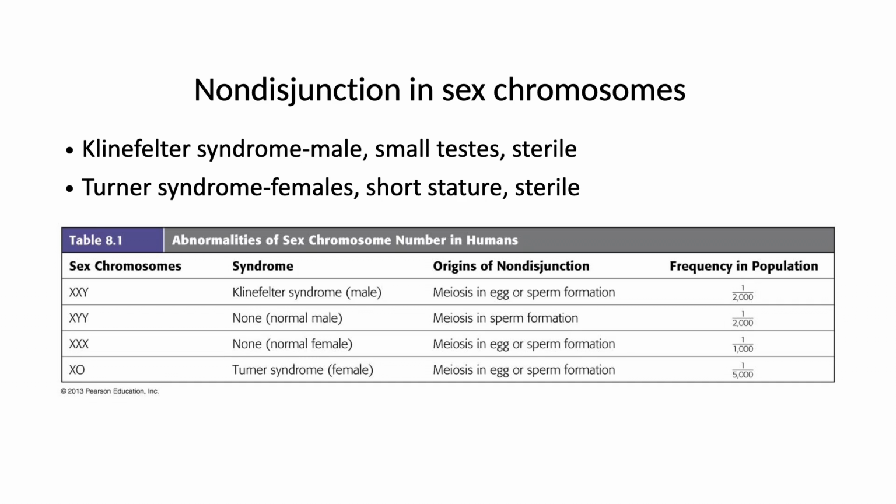They'll have 2 copies of the X chromosome and 1 copy of the Y. They will be normal intelligence, normal stature, but they won't be able to reproduce. If we talk about 1 in 2,000 births, that means in Freeport, there's probably something like 5 to 10 men that have this.